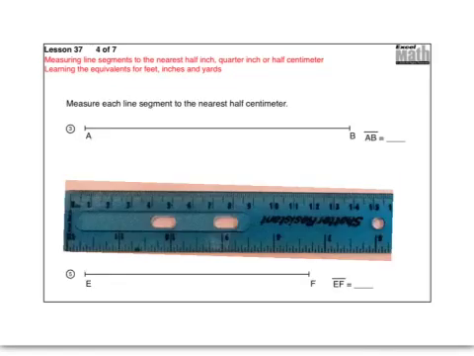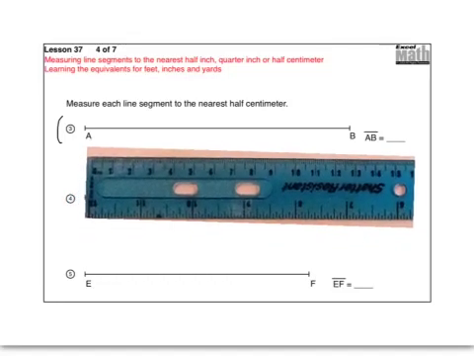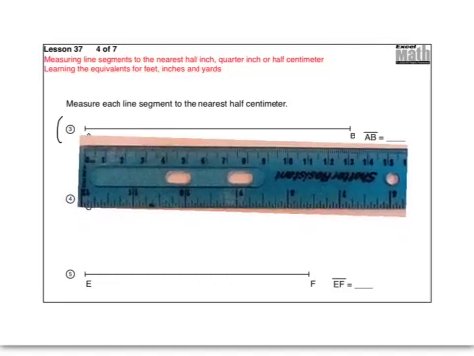And now we're going to measure these to the nearest 1/2 centimeter. Pause the video, try number 3, and see if you can figure out what the nearest 1/2 centimeter measurement is on line segment AB. Turn it back on when you're ready for the solution. Okay, so again, you should have taken the ruler and lined it up perfectly with the beginning of the line segment, with the 0 at the beginning.